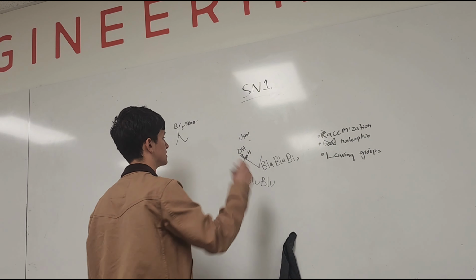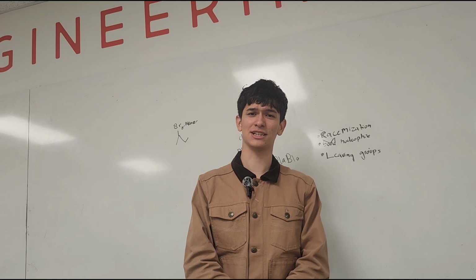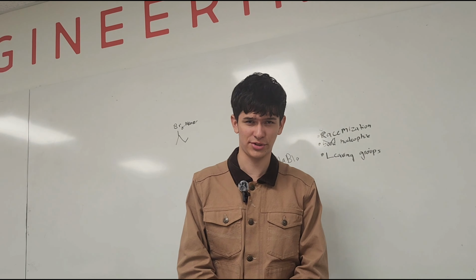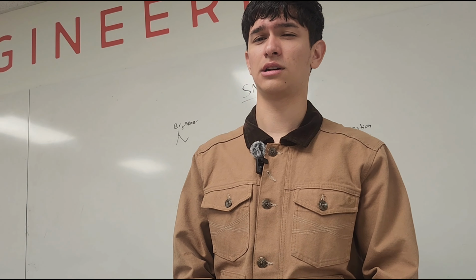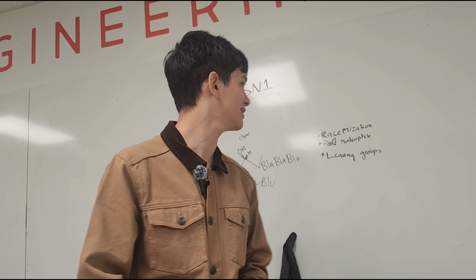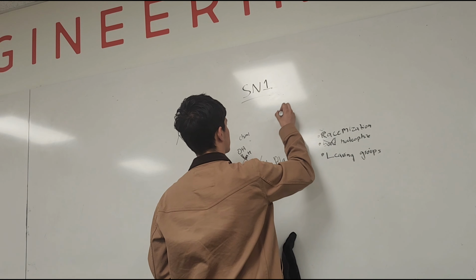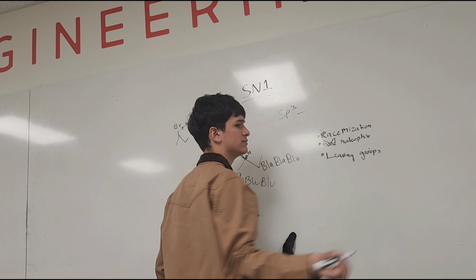There has to be a chiral center. What's a chiral center? I believe I might have mentioned this in an earlier video. It's called R or S configuration. So, chiral center, sp3 hybridized carbon. What's sp3 hybridized? Watch my other videos.